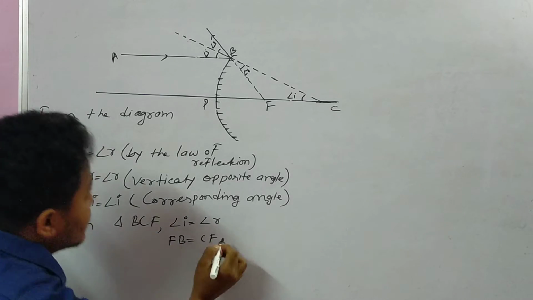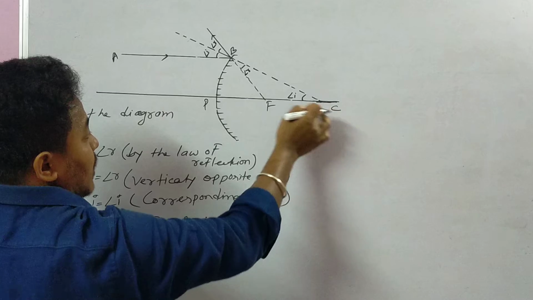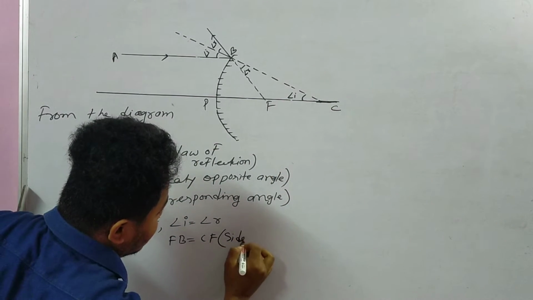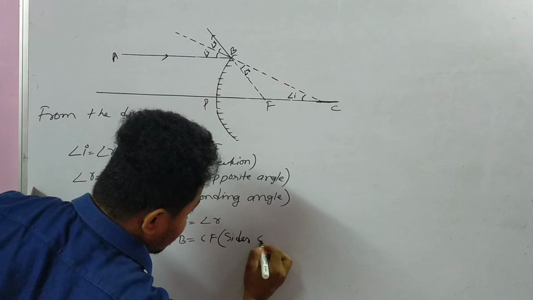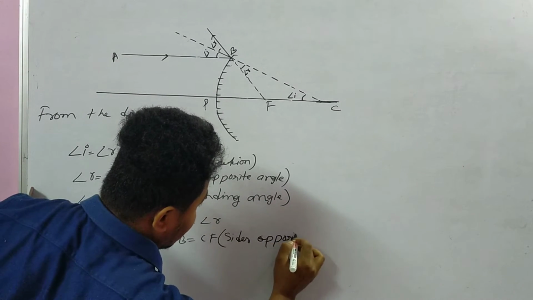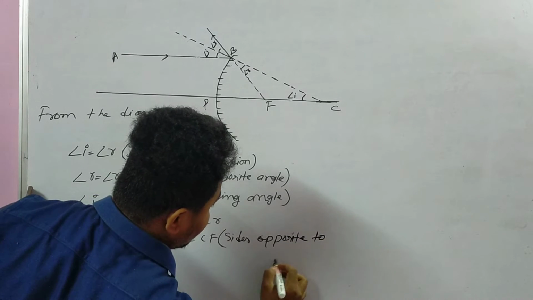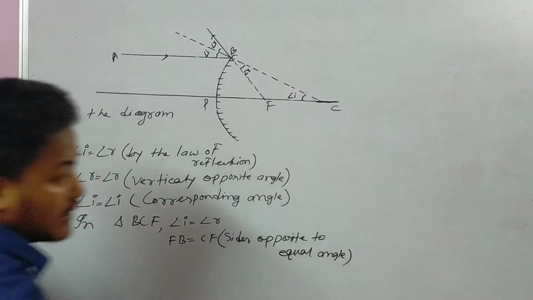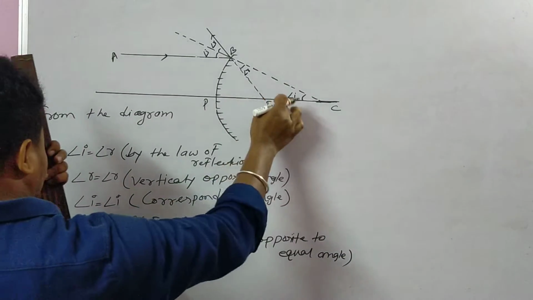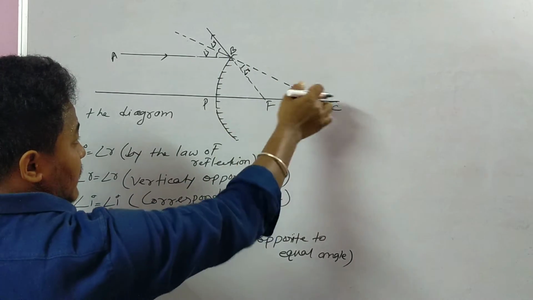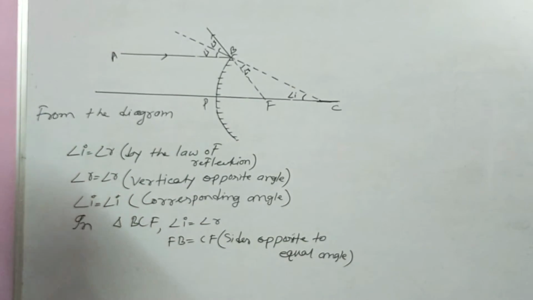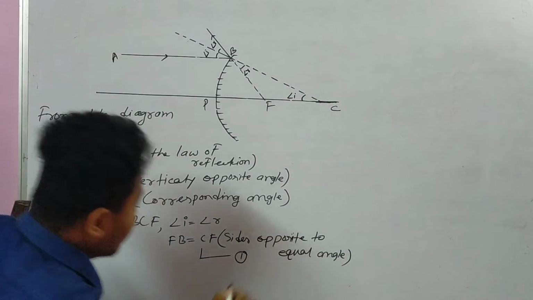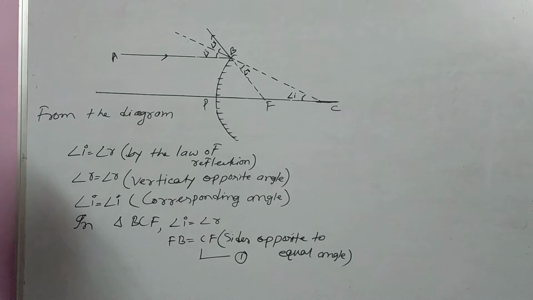FB is equal to CF. Why? Because they are the sides opposite to equal angles. Am I clear? FB is opposite to angle I, CF is opposite to angle R. So let us consider this to be equation number 1.